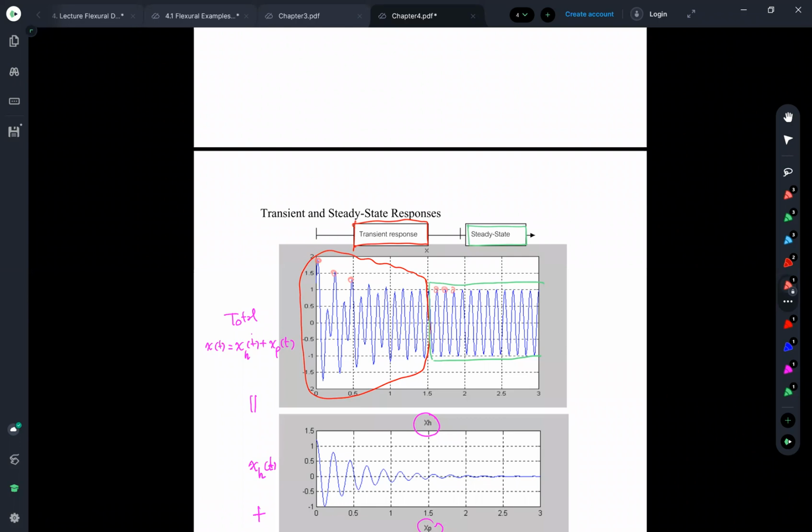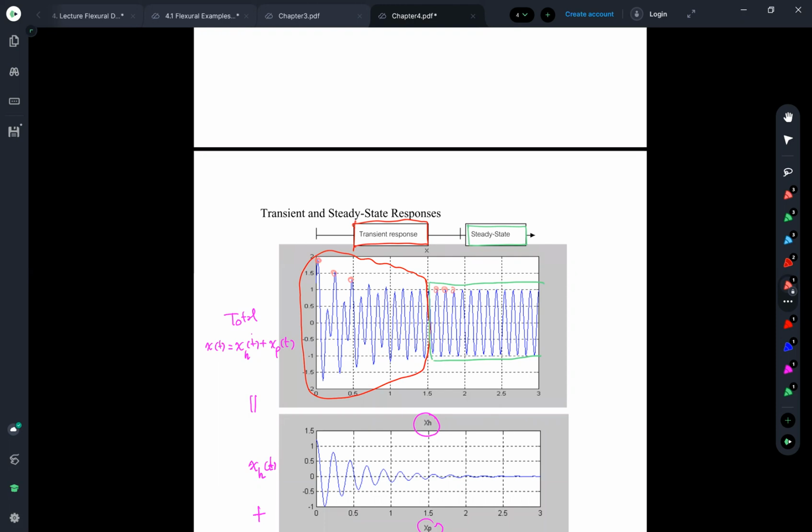But this is because I provide the system with a very large initial condition. That's why the energy at the very beginning is very high, then the effect of the harmonic force comes later. So the maximum displacement is found within the transient response period.